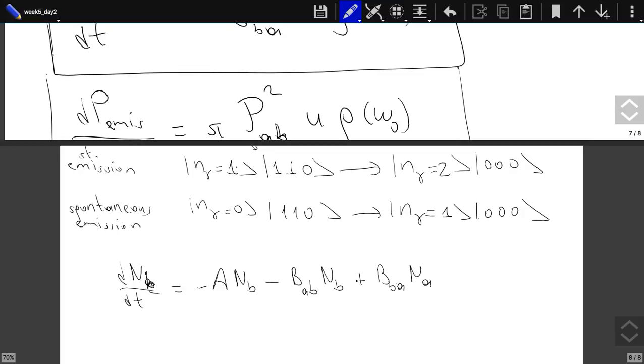There is spontaneous emission. So if per unit time a fraction A of the atoms emit spontaneously, they get de-excited. So per unit time, A times NB of them will just get de-excited. So that is how much the number NB will change per unit time. So dNB by dt has this minus.